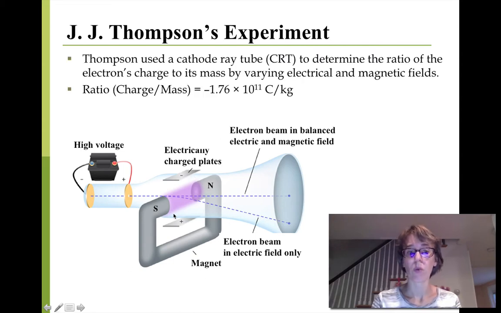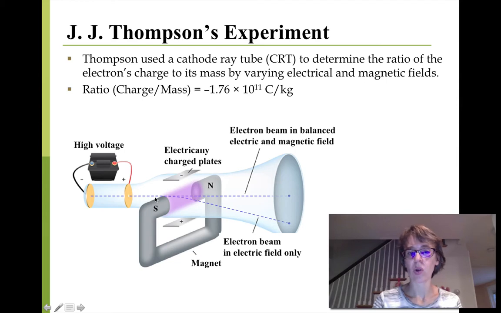What happened here is that the atoms of gases in the tube were being split, similar to the previous slide, and the electrons, the negatively charged particles, were being accelerated through this positive plate here.